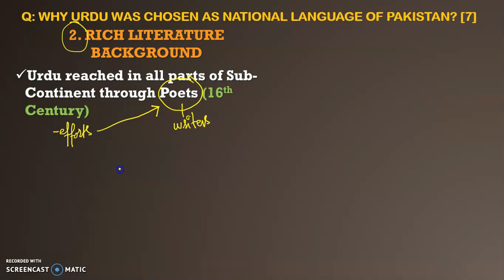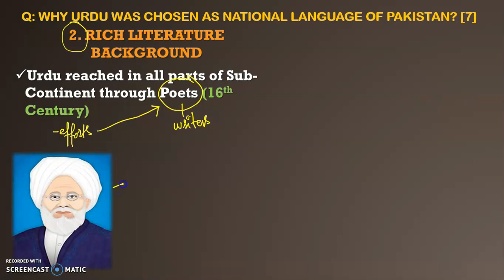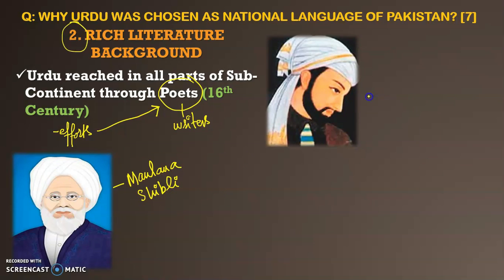Obviously, in this paragraph you have to mention a few major poets as well. So let me show you which names you can enter. Number 1 we have over here is Maulana Shibli Numani. The second one would be Amir Khusro, who also contributed to the same cause.